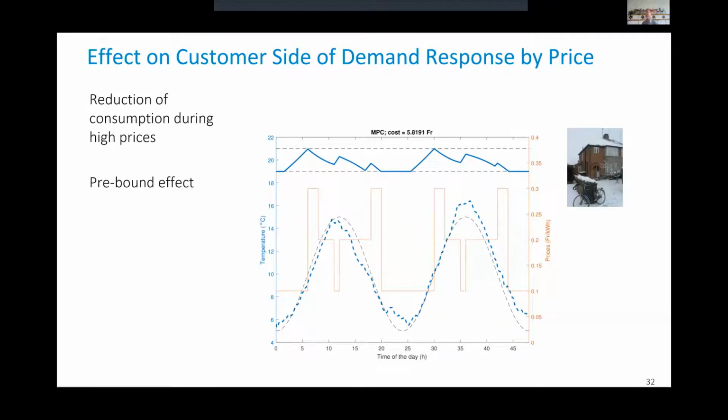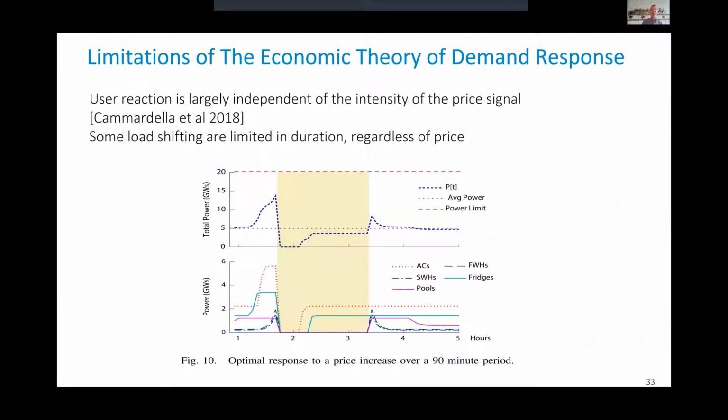With Voltalis, if you stop the heating during 1 hour, then as soon as this 1 hour is over, all heaters will start again. So there will be what is called a rebound effect. After the heating, we will have more consumption. That's another important effect. We are simply shifting the consumption, and by shifting it, we're not getting rid of it. Again, that's not the goal of demand response. It's to shift to appropriate periods of time.